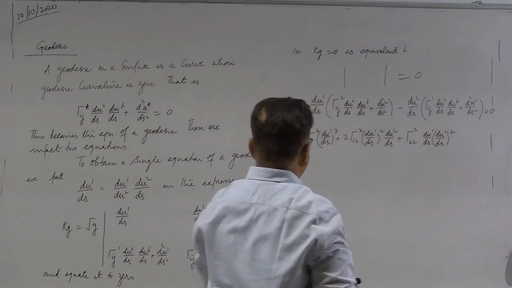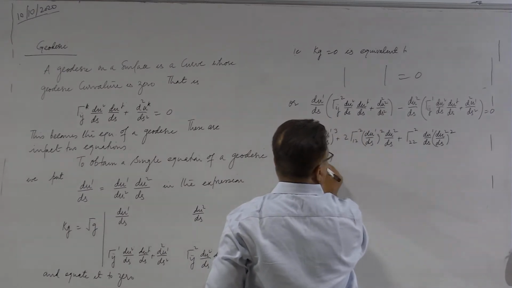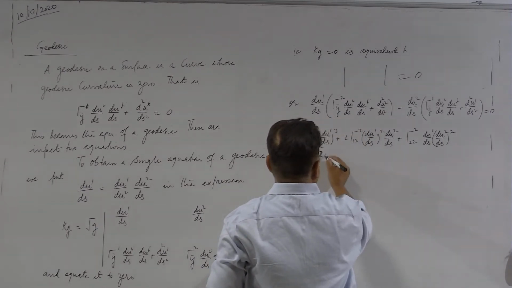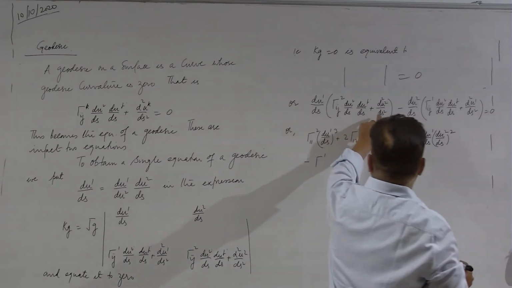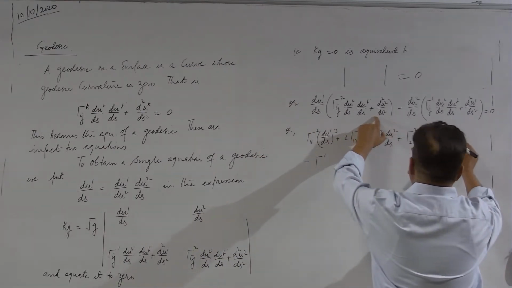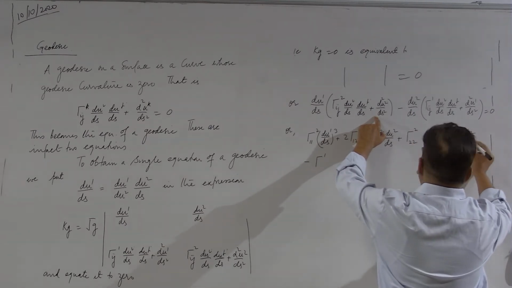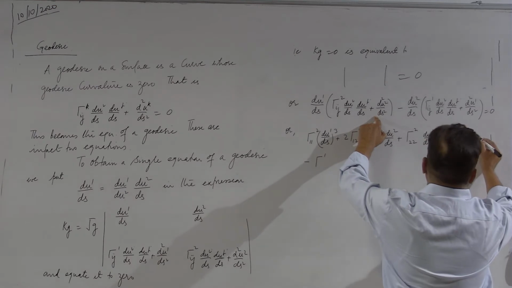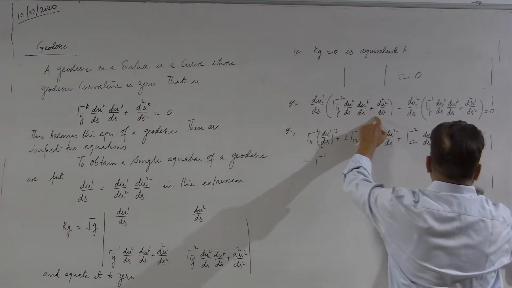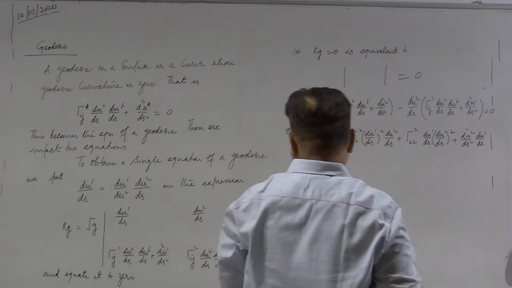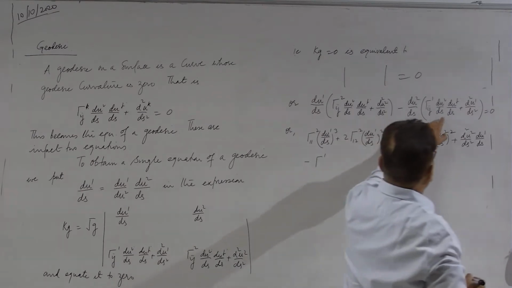All right. So, the first bracket is over. Similarly, the second bracket, yes, that is also there, this one is left. So, plus d²u2/ds² into du1/ds. Okay. So, now come to this bracket.